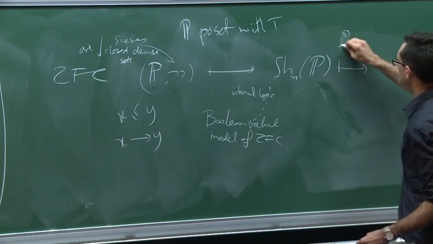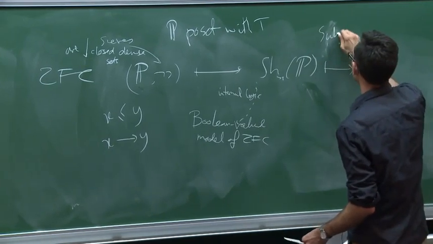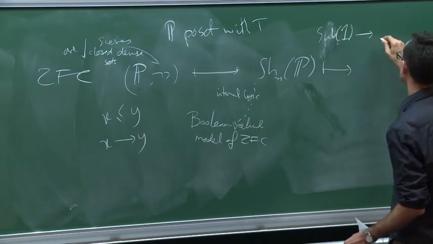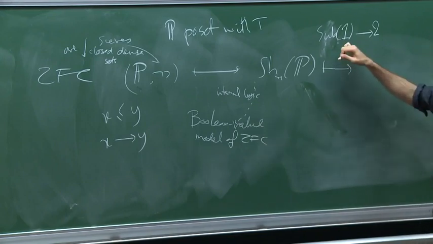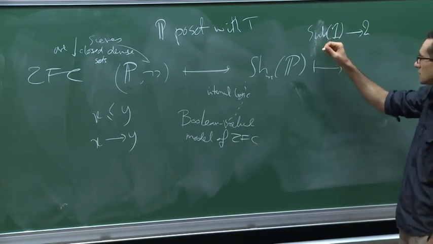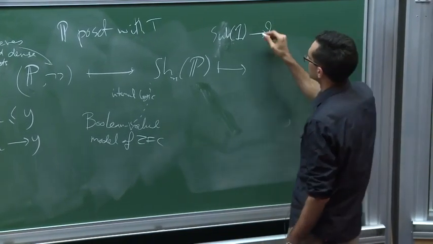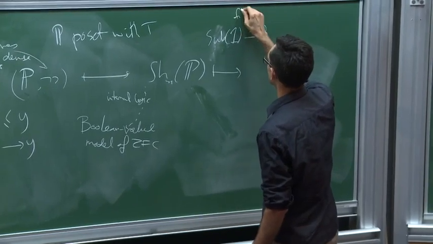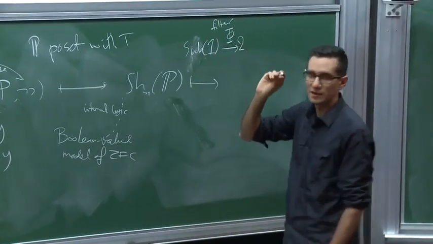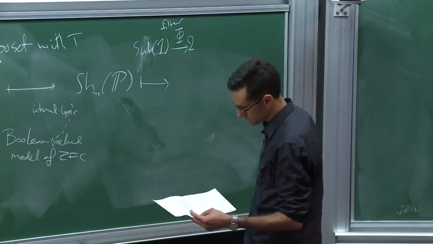Okay, so that's one thing to do. Or you take, in your category of sets, the external subobjects of the terminal object, and you take a filter. So this is a bit like a point, but not quite, because you require different things on this phi.